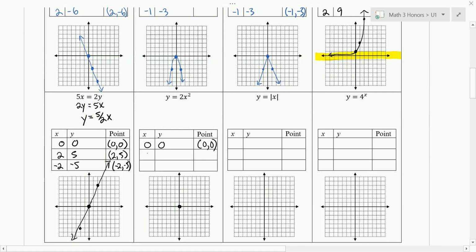And then you just pick a point to the right, and there's going to be a matching one to the left. So if I pick a 2 for x, what do I get for y? We get 2 times 2 squared, which is 8. And there's going to be a matching one on the left side because it's symmetric, which gives it that U shape. And there we have it.